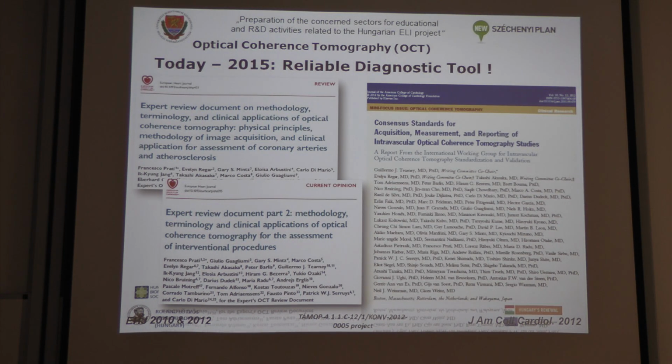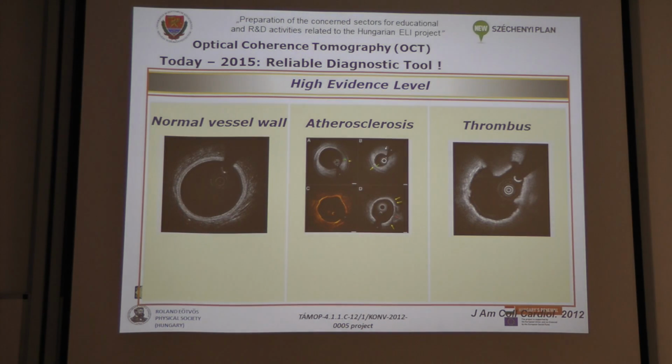The clinical experience has been growing in the last decade or so, and already with the second generation user-friendly or patient-friendly machines in the last 5 or 6 years, and already in 2012 the experts summed up all the basic things that we have to know about it for the clinicians.